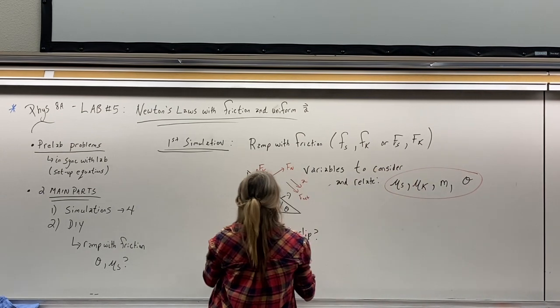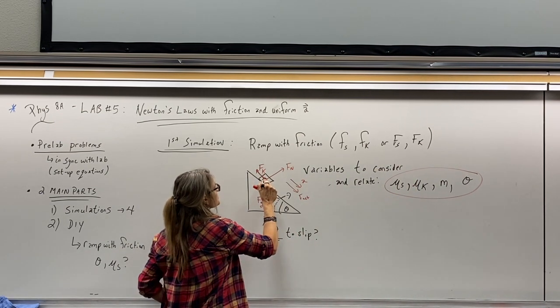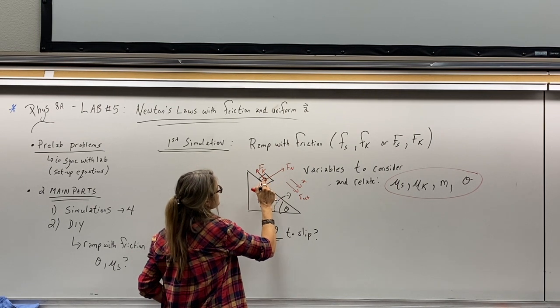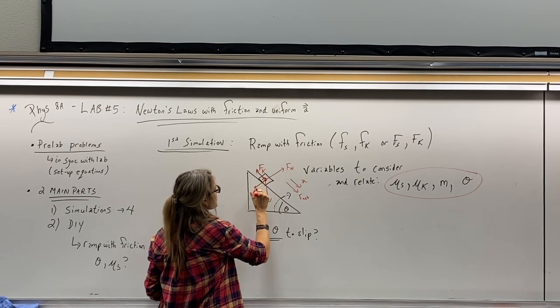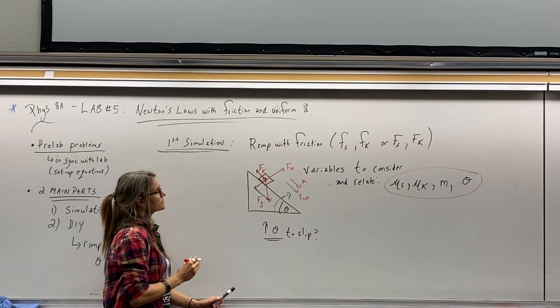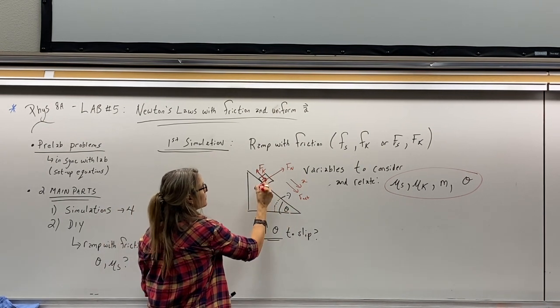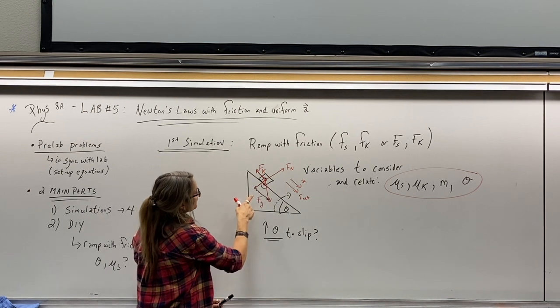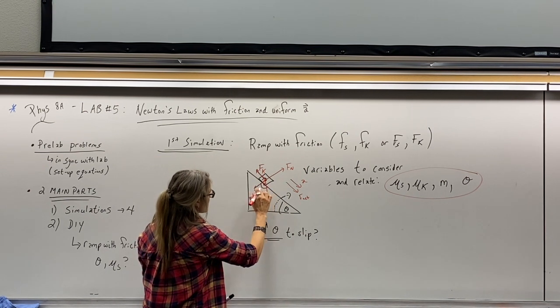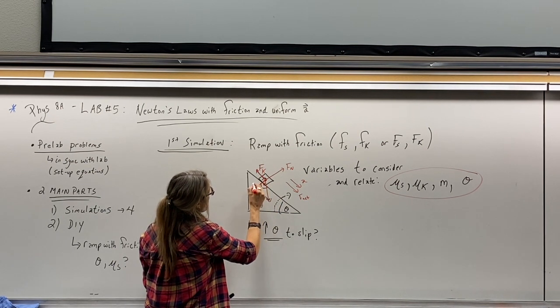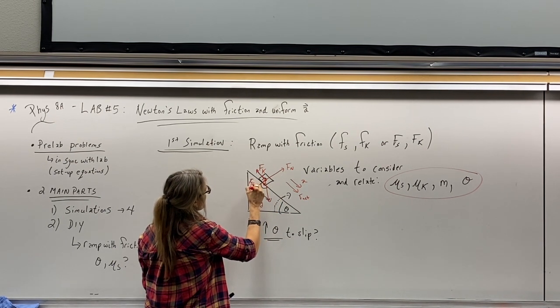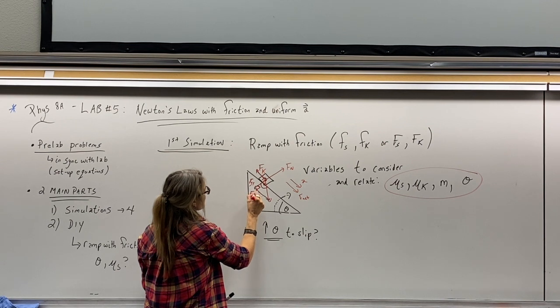Okay, so as we know, we can break this down into two components, because we have the weight force in two different components. If this is my angle, right here, then this would be Fg in the y direction, and this would be Fg in the x direction.